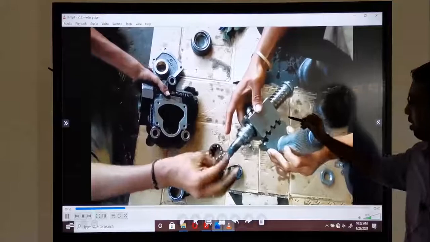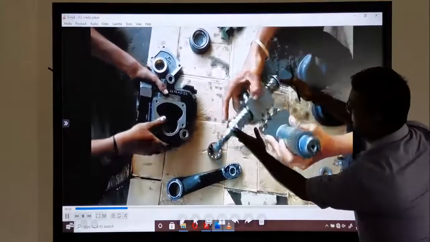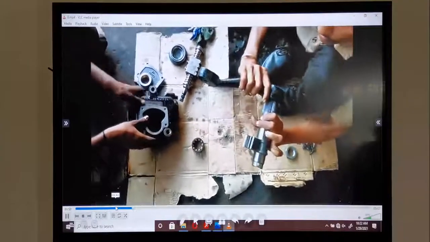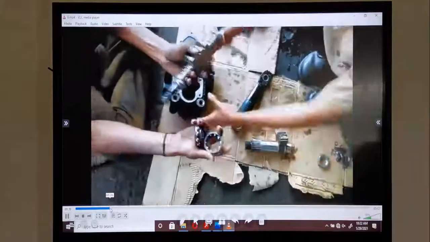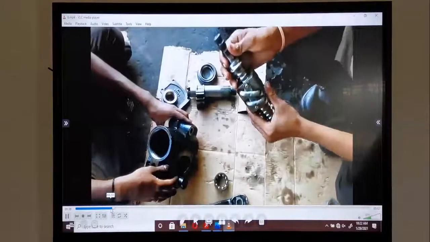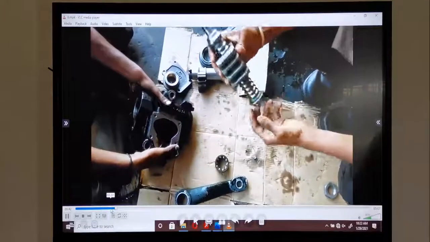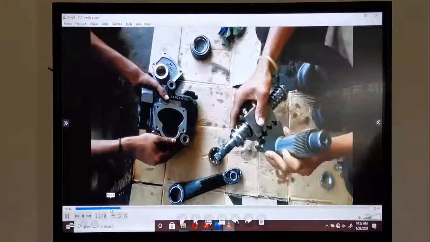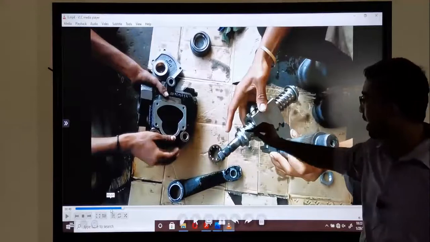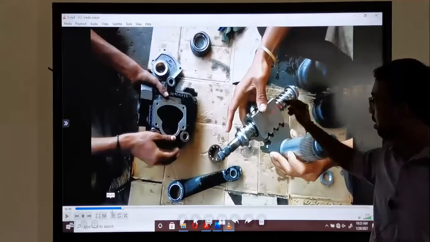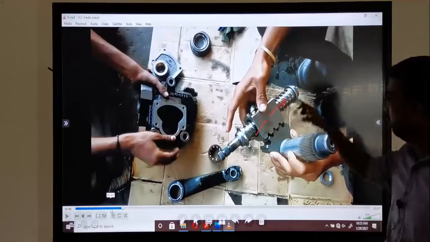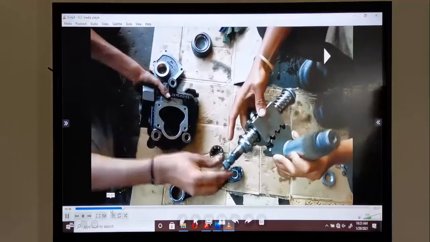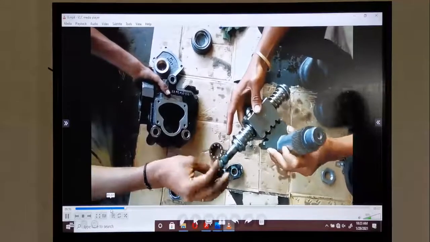Here it is moved, that's not proper. We hold both ends, so this worm gear shaft does not move. Only this ball nut drag moves this way and that way. According to that, this gear sector also partially rotates.